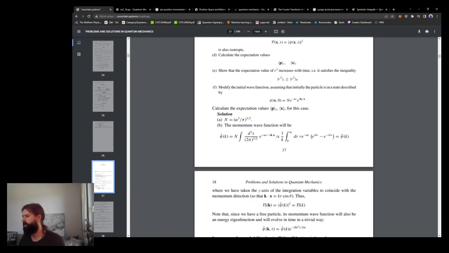We have taken the z-axis of the integration variables to coincide with the momentum direction. How? And again, it's an integral on x, not an R. It's good that this exercise is the one that we're doing.